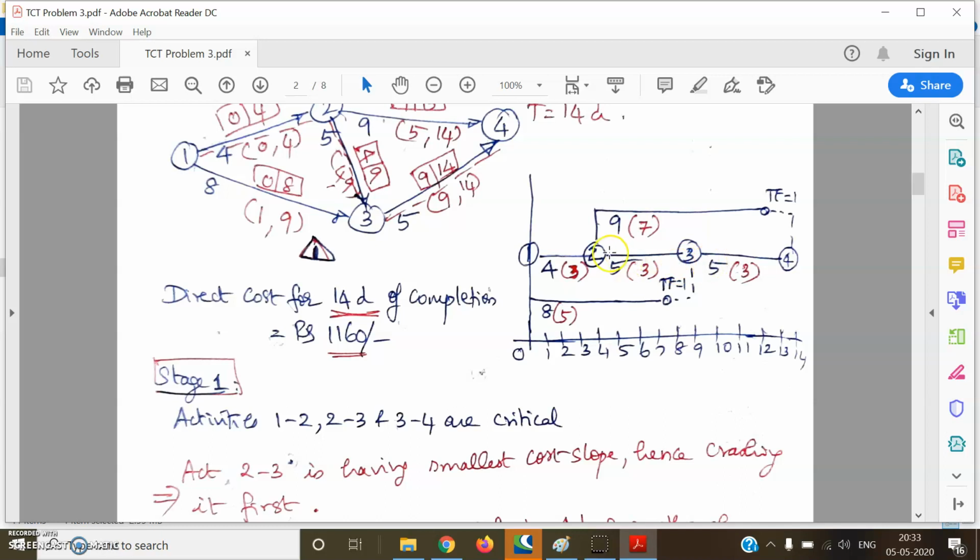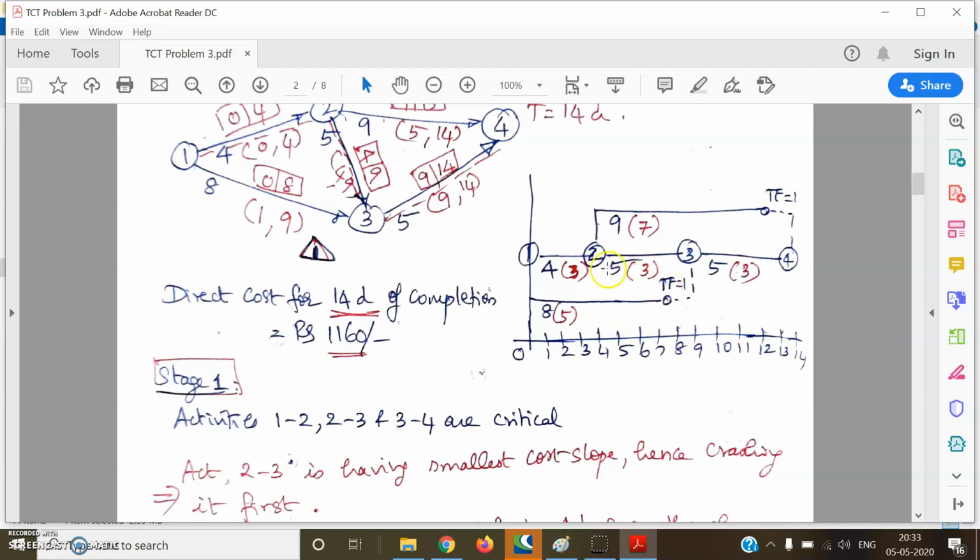Now to find out how many days of crashing can be done for 2, 3, we have to look at the parallel non-critical activities. 2, 3 has 2 parallel non-critical activities. On top, 2, 4 is one parallel activity with a total float of 1 day. Similarly, 1, 3 also has a total float of 1 day and is parallel to 2, 3.